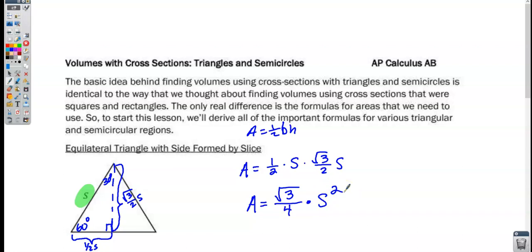And so anytime we're trying to find a volume of a cross-sectional solid involving an equilateral triangle, we can just put a constant √3/4 out in front of the integral, and then have the side length squared as our integrand.